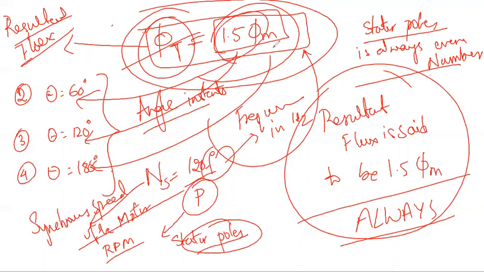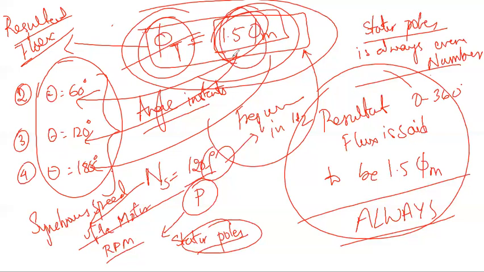So see to it that at all instants of angles, whatever the angle may be from 0 to 360 degree, the resultant flux is 1.5 times phi m. So the resultant flux has a constant value.